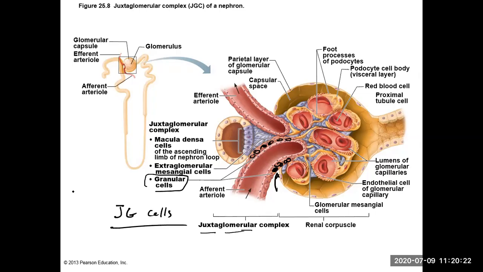Another thing I wanted to tell you is that from now on, we're just going to refer to these as JG cells, because it's easier than saying granular cells of the juxtaglomerular complex. These are next to the glomerulus, all right? So we call them JG cells.